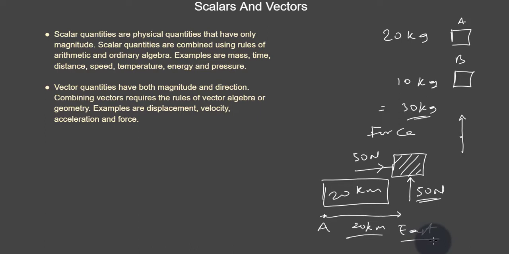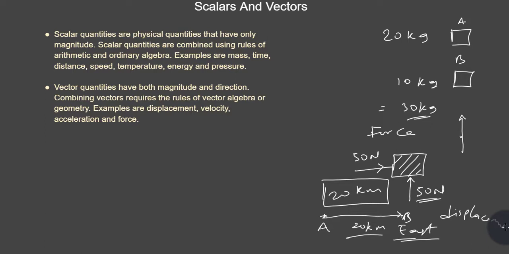This represents direction, and because you've told me direction, I can predict where the person would be right now, because I know the distance and the direction. By adding this direction to this distance, it becomes displacement. It's no longer distance.